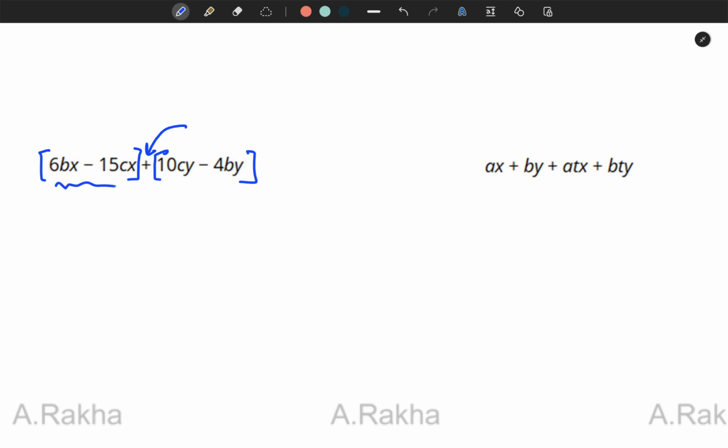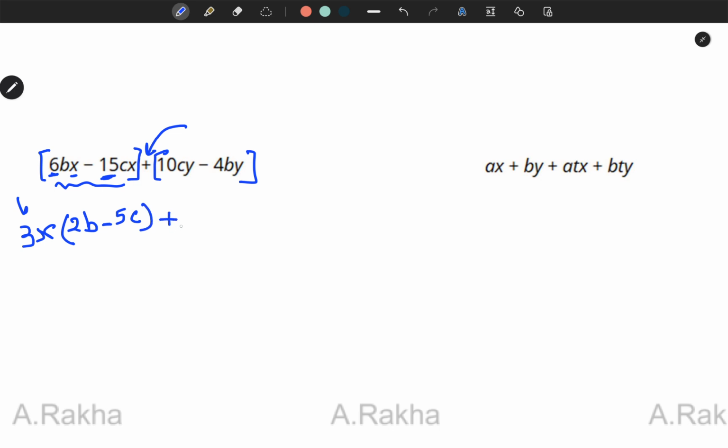Let's take the common factor from here. It's going to be 3 and x also is a common factor. Open brackets. 6 divided by 3 is 2. x is gone, and so I have here b left. Minus 15 divided by 3 is 5c, because x is gone also.